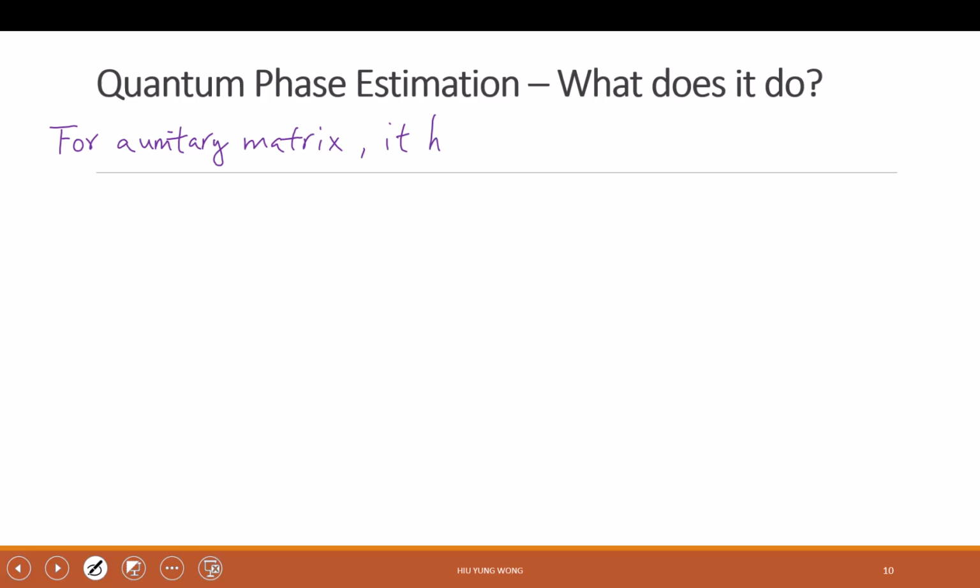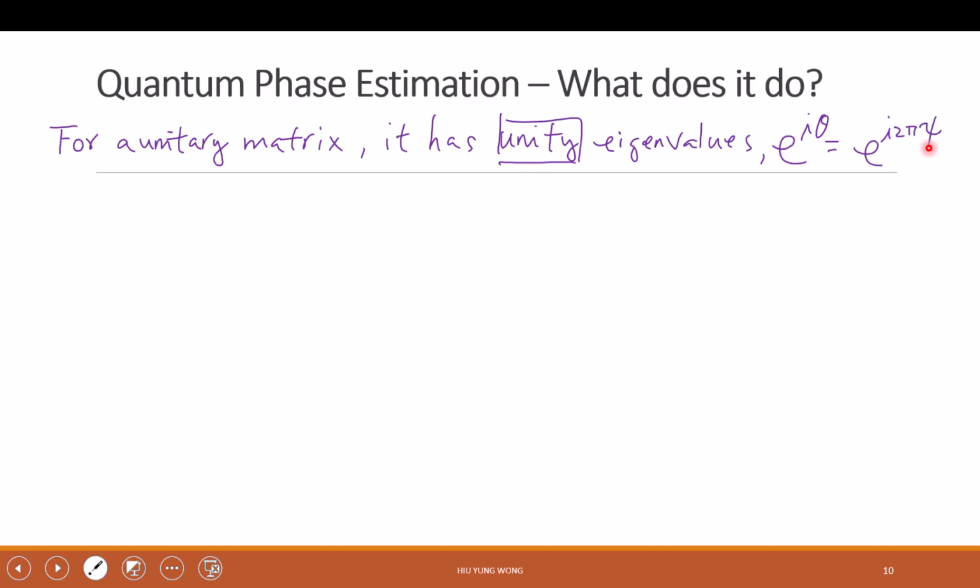A normal matrix has eigenvalues, but the eigenvalues of a unitary matrix are special. It has unity eigenvalues. What does it mean? It means its eigenvalues are in the form e to the power i theta, or we can rewrite it as e to the power i 2 pi phi. Doesn't matter.